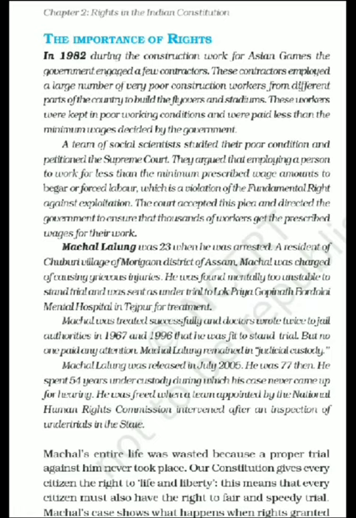He was freed when a team appointed by the National Human Rights Commission intervened after an inspection of under trials in the state. Now students, if you observe in both the examples, in the very first example of construction workers, a PIL was filed and they have been given their proper working conditions as it is their right, and they were now paid properly for the work.